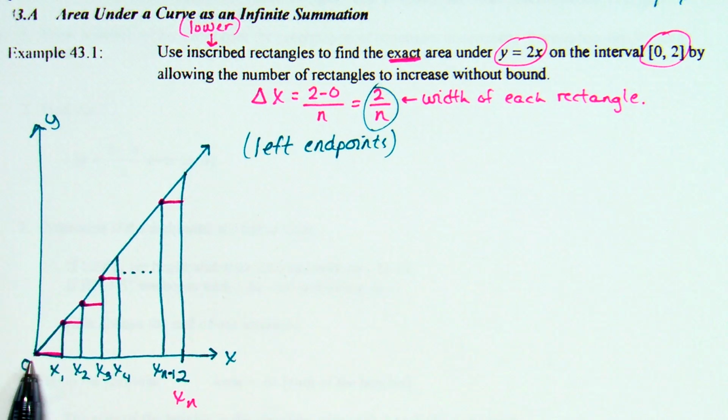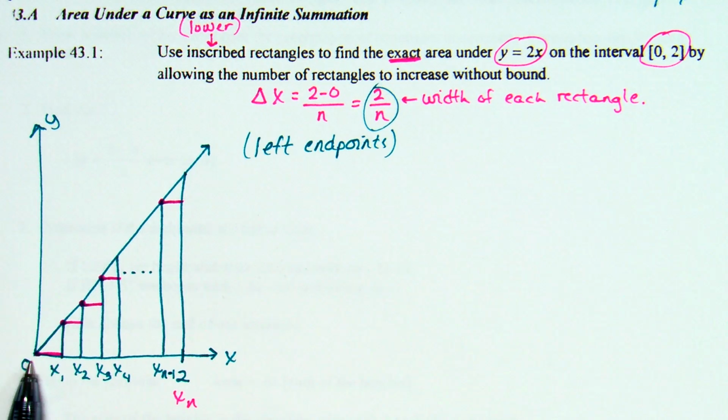So, because they're left endpoints, my first endpoint is 0. 1, 2, 3, 4, so on and so forth. Where's my last endpoint? It's not going to be at n, it's going to be at n minus 1. So anytime they're left endpoints, 0 will always be your first one, n minus 1 will always be your last one. And we'll do a right endpoint.